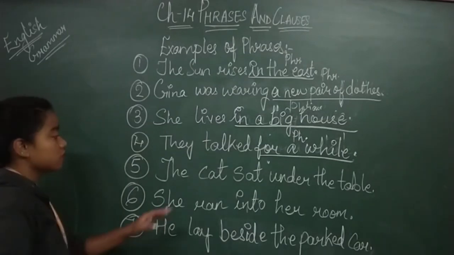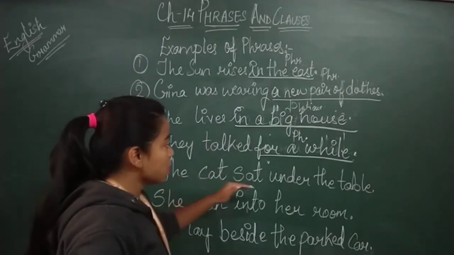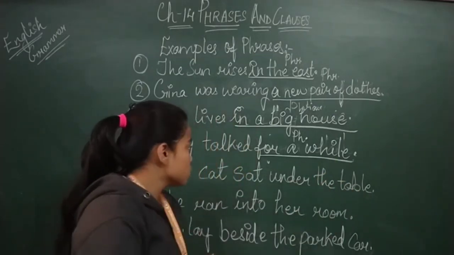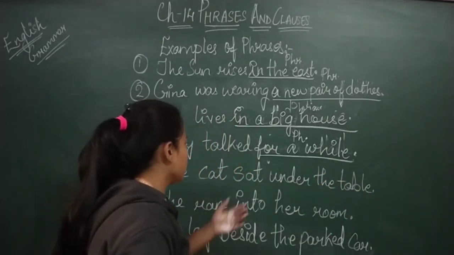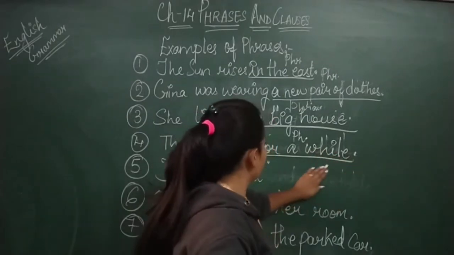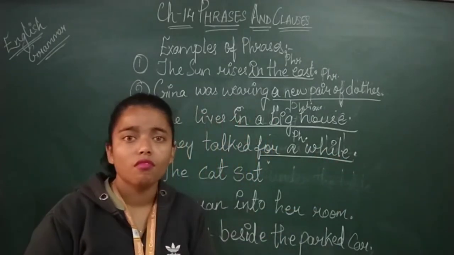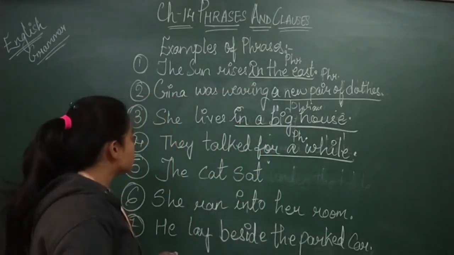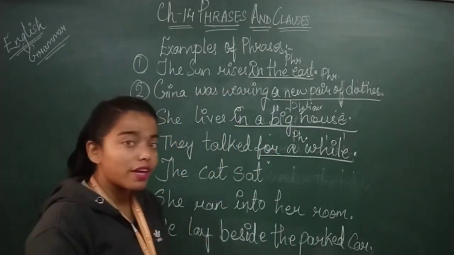Now the fifth sentence. The cat sat under the table. If I say "the cat sat," is it making a complete sense, students? No. So the cat sat. Where does the cat sit?